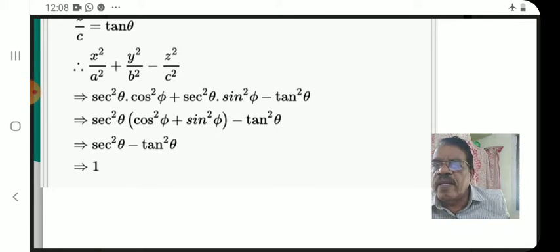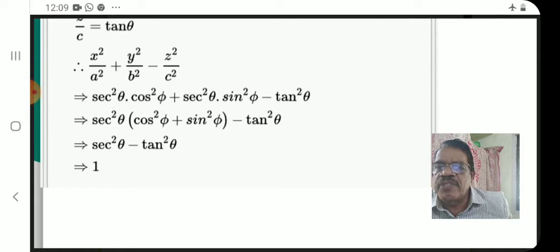So we find the expression. We put all the values in the given expression. x square by a square plus y square by b square minus z square by c square equals sec square theta cos square phi plus sec square theta sin square phi minus tan square theta.